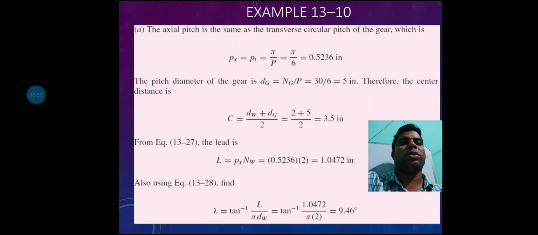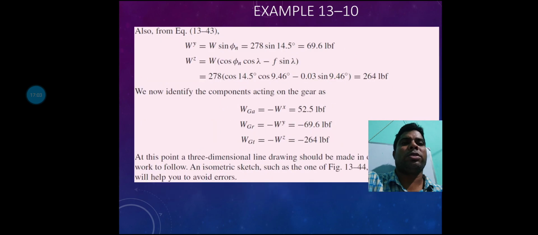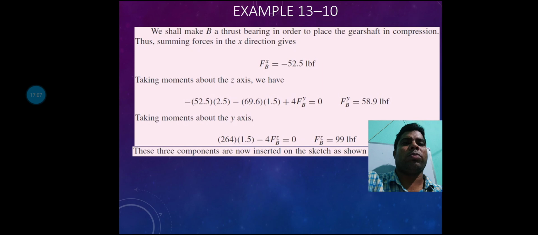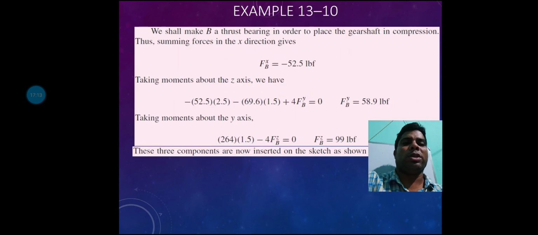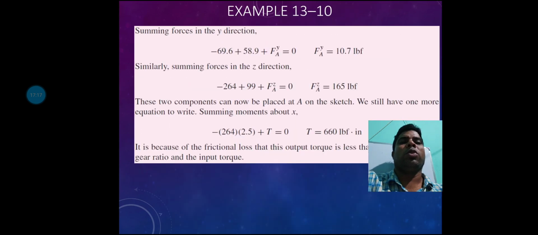This is a simple problem, and mostly it can be solved by the empirical formulas that I mentioned in earlier slides. So these are the processes to solve the problem, and this is the end of the problem. So the last 5 slides are mainly the solution of the problem, how the worm gear problem can be solved.